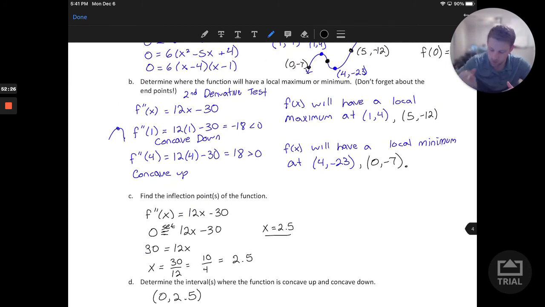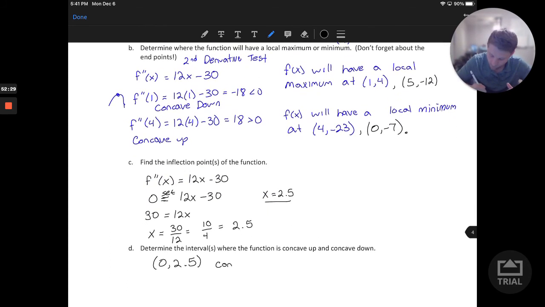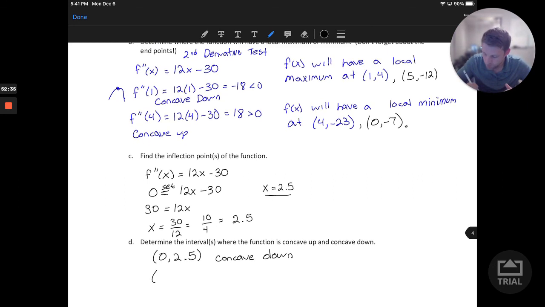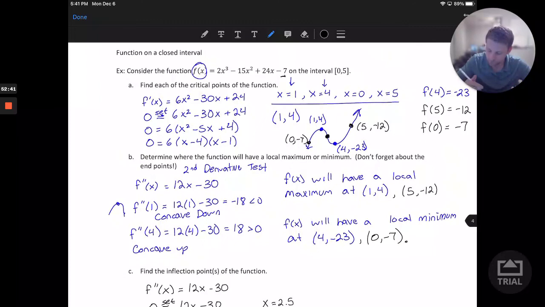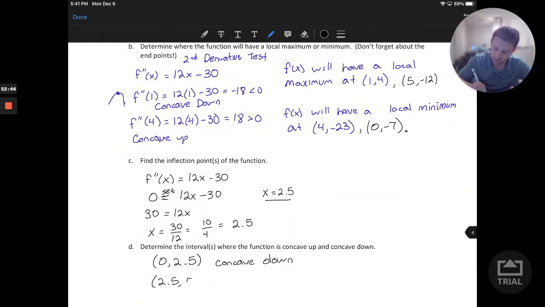All that region is concave down. And we could say from the inflection point 2.5 all the way up until the input of 5 is going to be concave up.